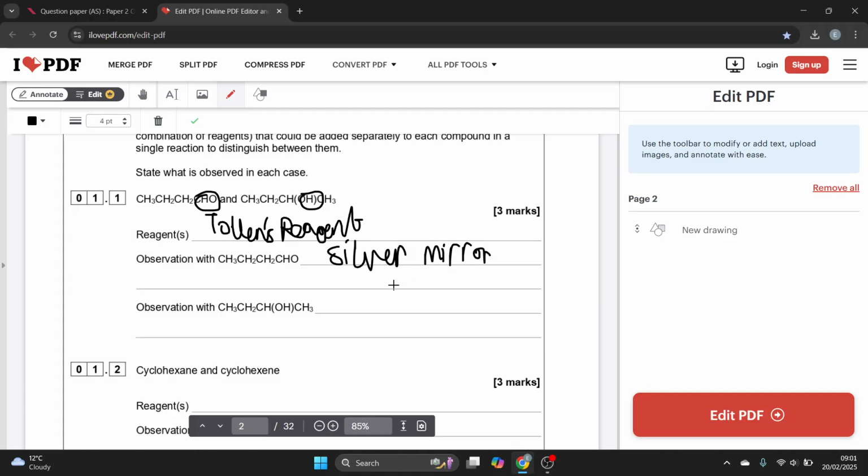Observation with the alcohol, no visible change. Actually, the ketone, no visible change, not alcohol.